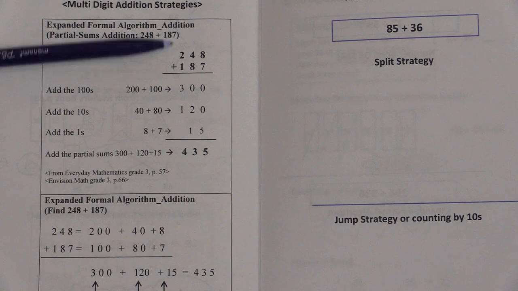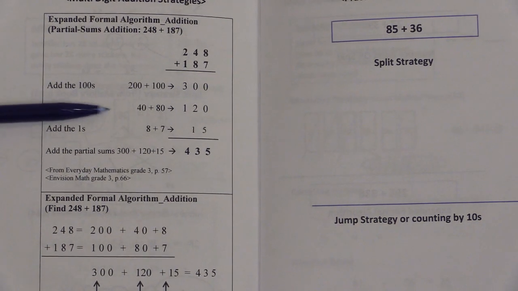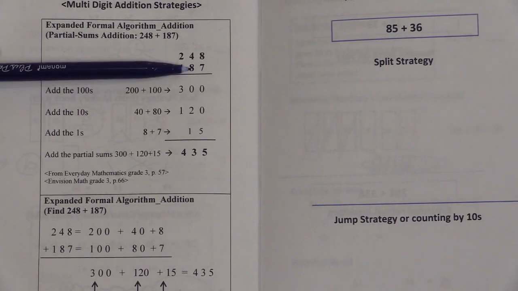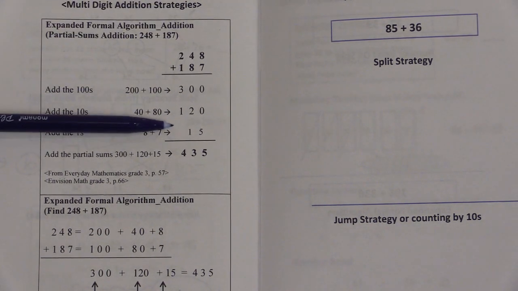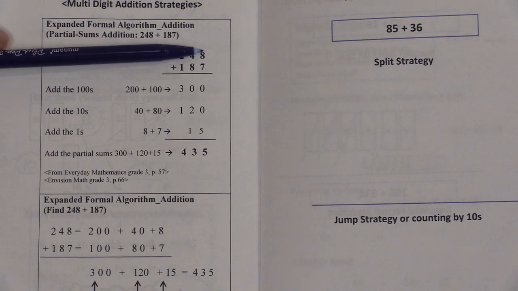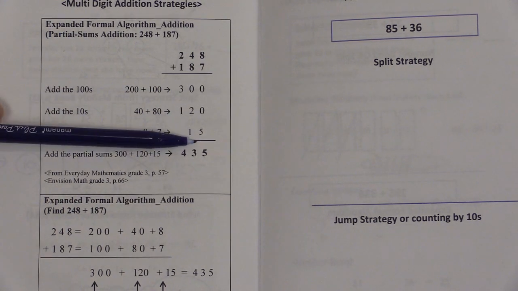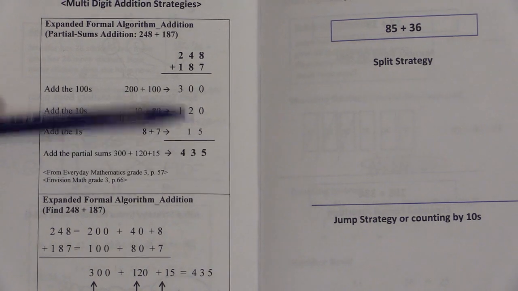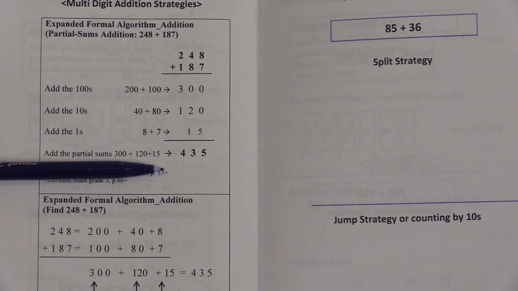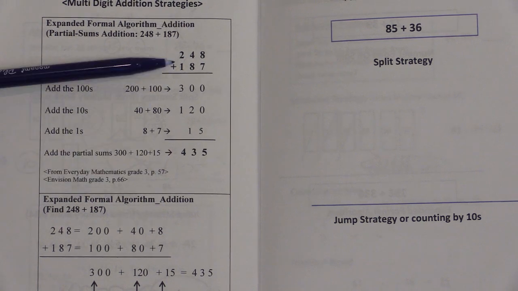I'm using expanded notation, and add tens, 40 plus 80. I didn't do 4 plus 8, I did 40 plus 80, which is 120. And 8 plus 7 is 15. Then I add them together, so 5, and then 30, and 4. So I know that my answer is 435.